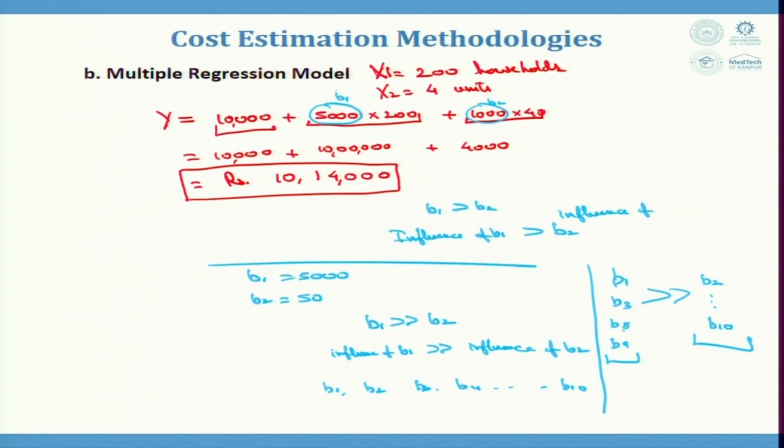So, then B1, B3, B8 could be called as significant factors. That means, they are having significant change in the cost with even 1 unit change in them, and these are not significant. That is, they have smaller contribution.